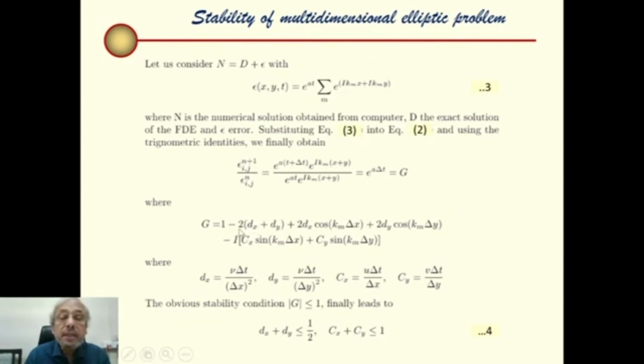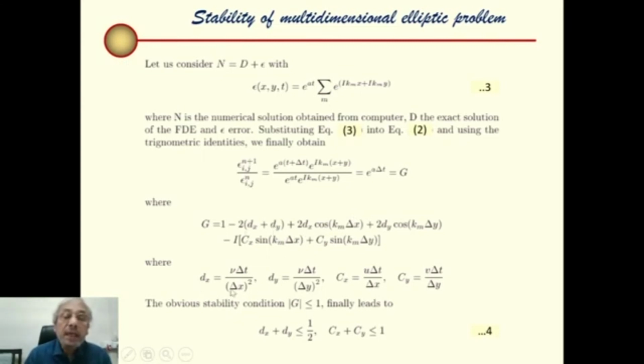We will get 1 minus 2 dx plus dy plus 2 dx cos km delta x plus 2 dy cos km delta y, minus i, the imaginary part, cx sin km delta x plus cy sin km delta y.